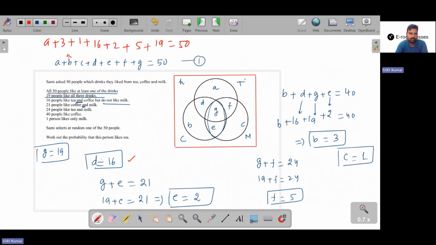Now add them: 3 plus 1 is 4, plus 16 is 20, plus 2 is 22, plus 5 is 27, plus 19 is 46. So A should be equal to 4.